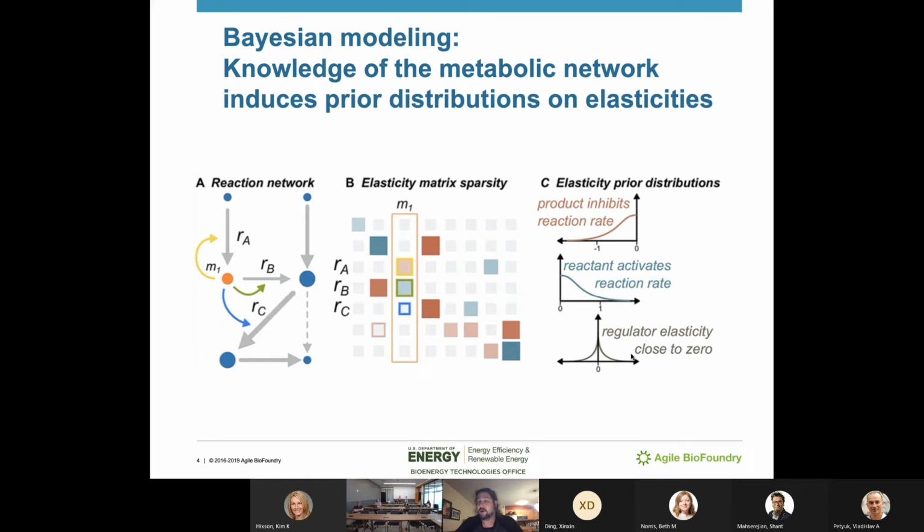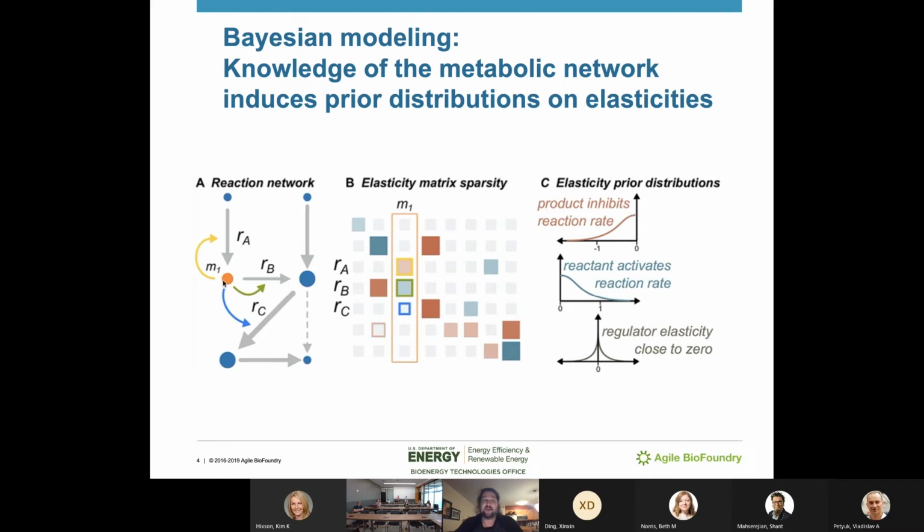We don't know, but our priors say it's pretty much close to zero, while allowing that data could change our mind. But because M1 inhibits RA, we say that this product inhibits the reaction rate. So we have a negative half normal distribution, and we don't know what the true elasticity is, but we think it's less than zero.